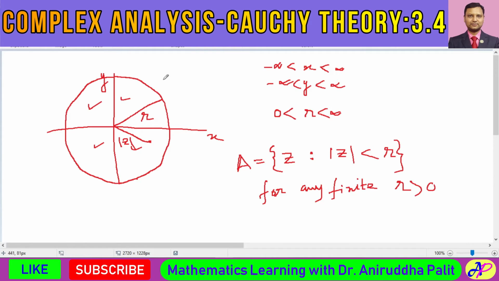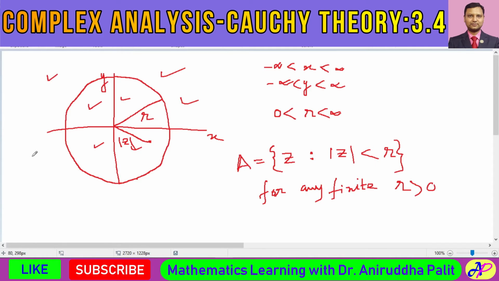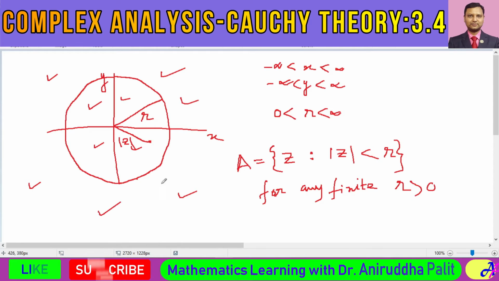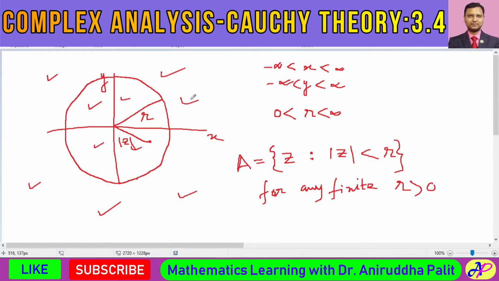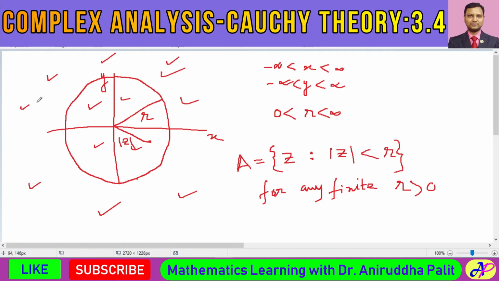And outside this kind of region will be called the infinite complex plane, when r is arbitrarily large. R is any real number, so we can take r larger than any large number. That zone is called the infinity. In case of complex numbers, infinity does not imply only a single point. It is actually a collection of many points.